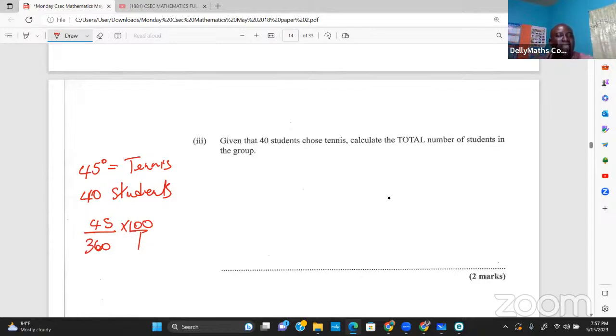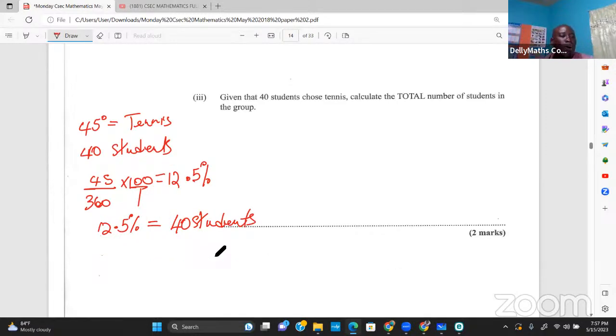So I could find the percentage for tennis. I'm just saying that's an approach. And this is 12.5%. So I think the answer looks like 320. 12.5% is 40, so this is telling me that 12.5% is equal to 40 students. I can use this and just go to the answer. All I have to do is divide by 12.5 and multiply by 100 and it's finished.